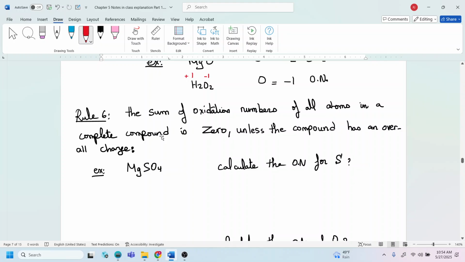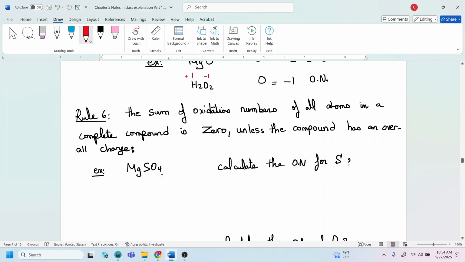Rule number 6 now. This is the most important rule when calculating the oxidation state of the whole molecule. To calculate the oxidation state for the whole molecule, the sum of the oxidation numbers of all the atoms in a complete compound is 0, unless the compound has an overall charge.